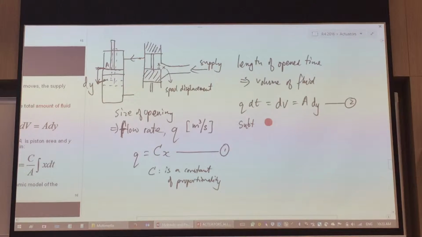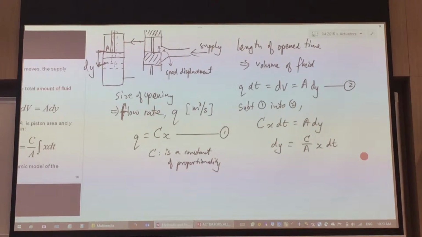So what I could do is to substitute 1 into 2. That is Cx dt equal to A dy. Since q is Cx, I could simplify this: dy equal to C over A x dt. And hence y will be integrating dy, that is integrating x dt.